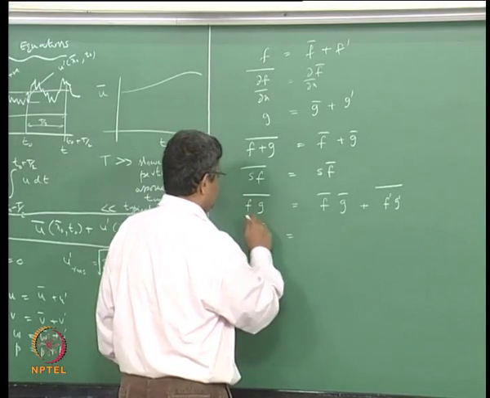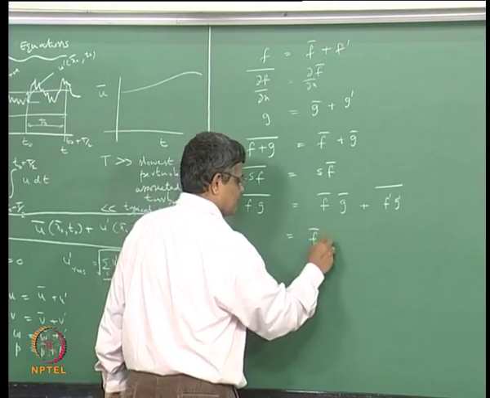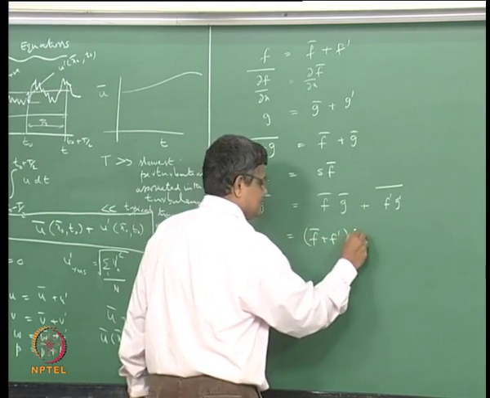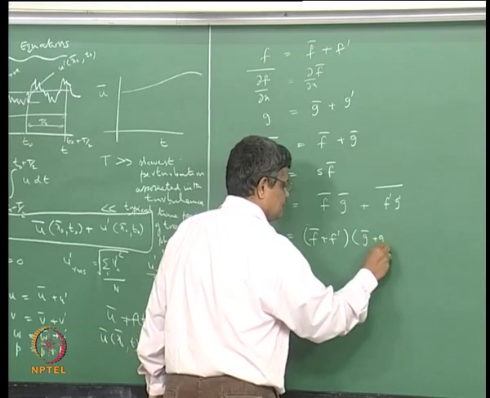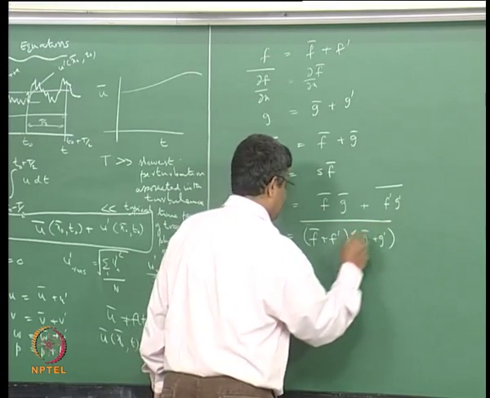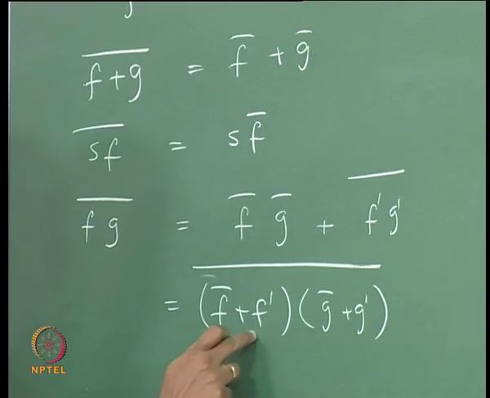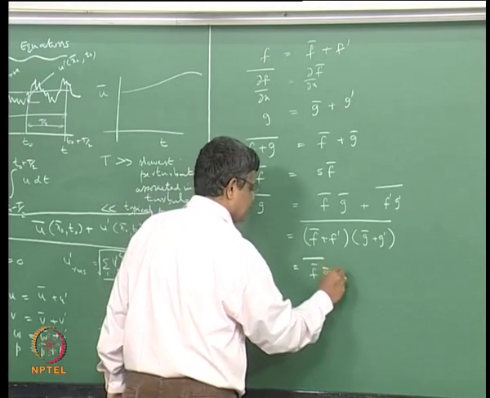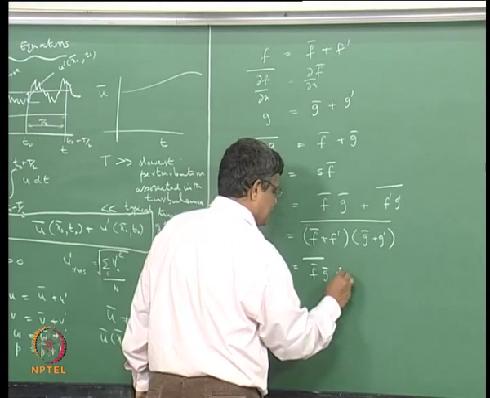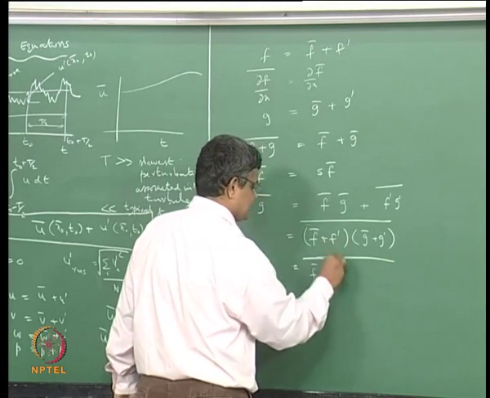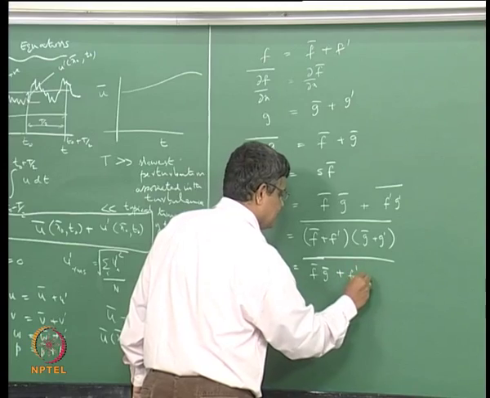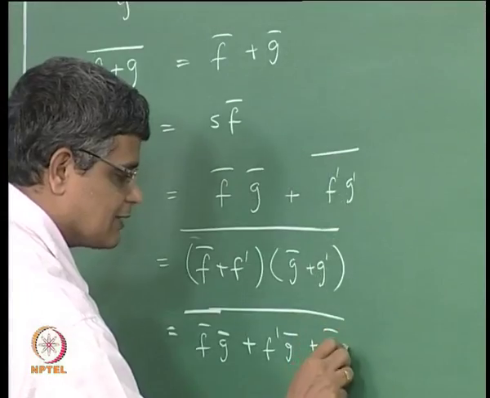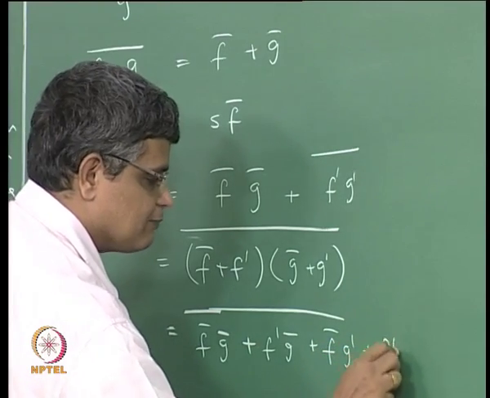So we can just demonstrate it like this. We can write f as f bar plus f prime and g as g bar plus g prime, and we take the time average of this whole thing. Then we can expand this so that we have the time average of f bar g bar plus f prime g bar plus f bar g prime plus f prime g prime.